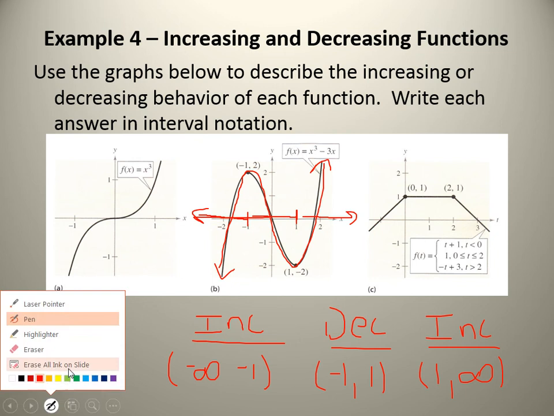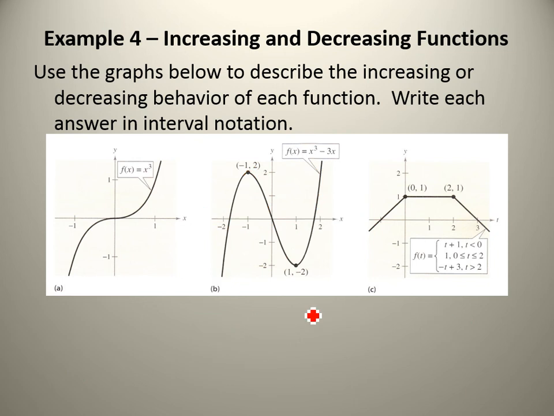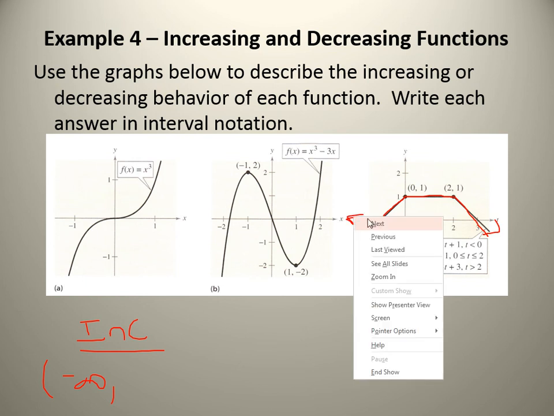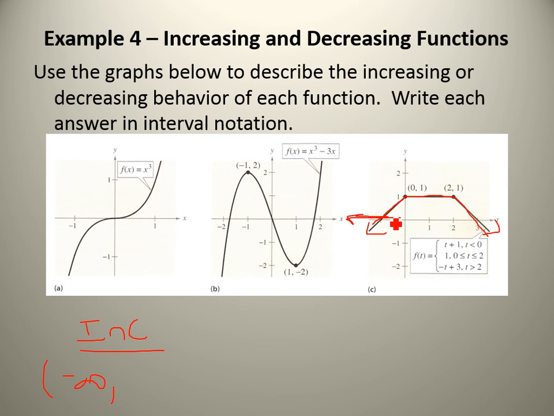And then the last part of this, part C, once again, I'm going to throw some arrows on the ends of this. Okay, this graph, as you read it from left to right, it increases, it's constant, and then it decreases. So first, because this graph goes infinitely to the left, we would say that it basically is coming in from -infinity, and the increase for this will stop at 0.